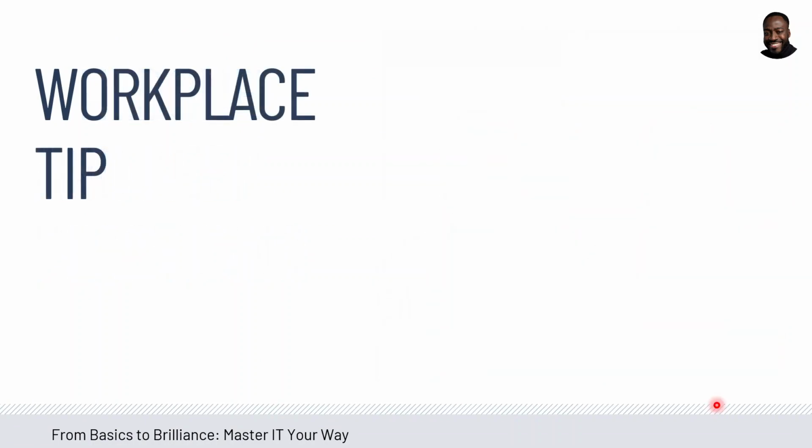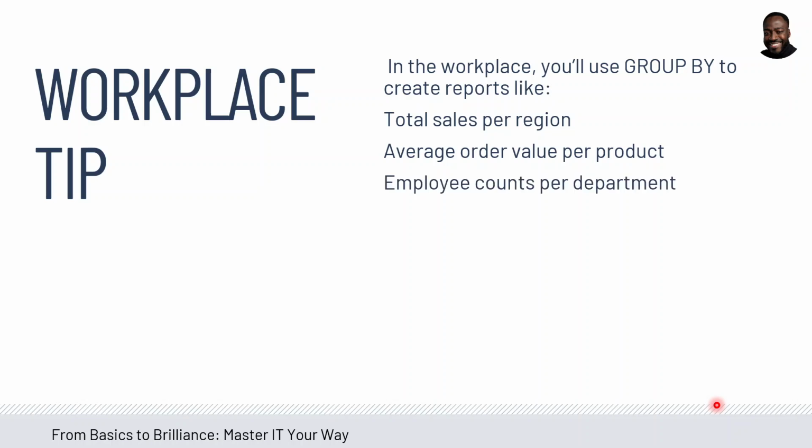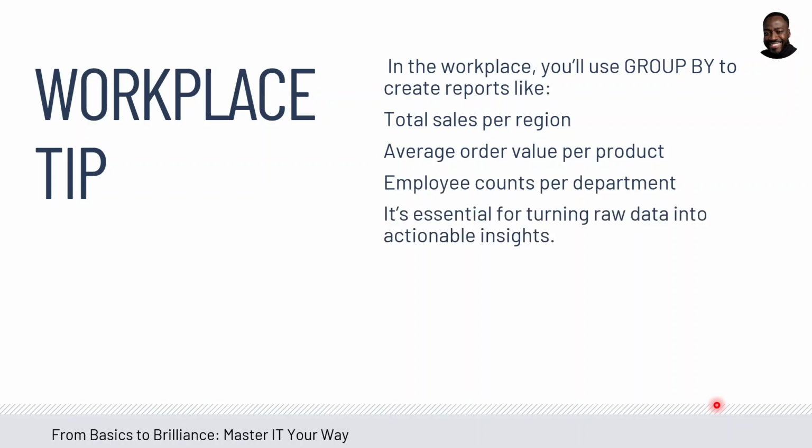So let's look at our workplace tip. In the workplace, we use group by to create reports like total sales per region, average order value per product, employee count per department, and it's essential for turning raw data into actionable insight. I want you to try these exercises with a sales DB aggregates database.